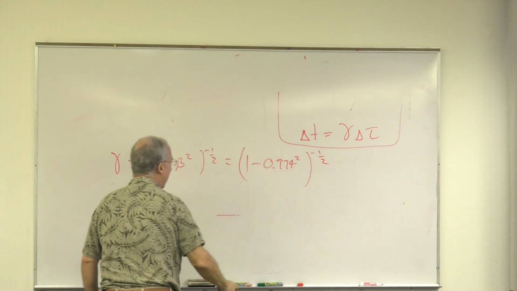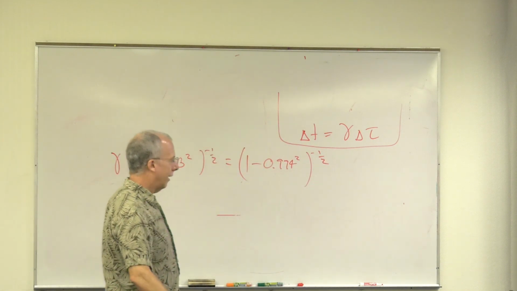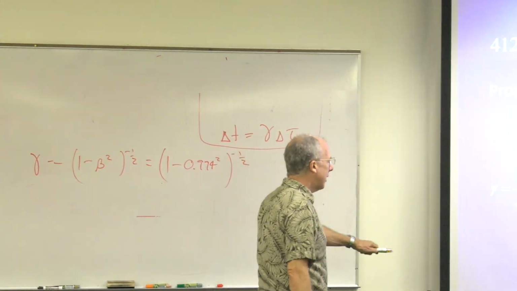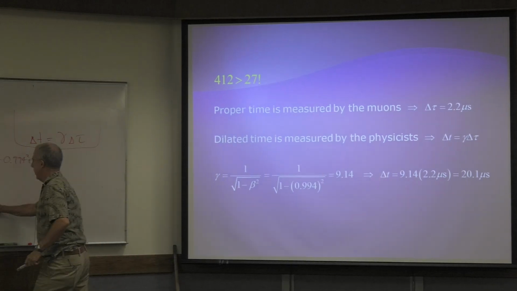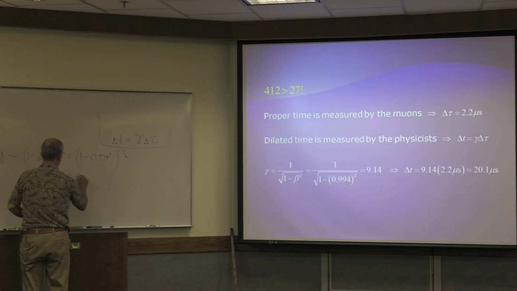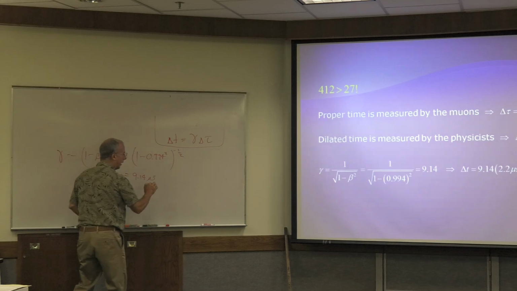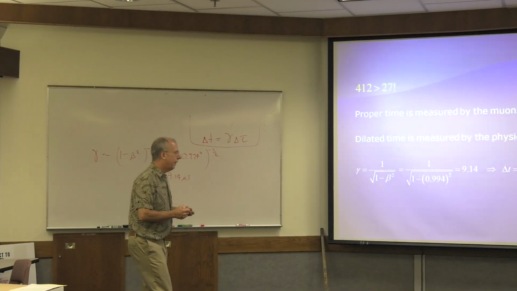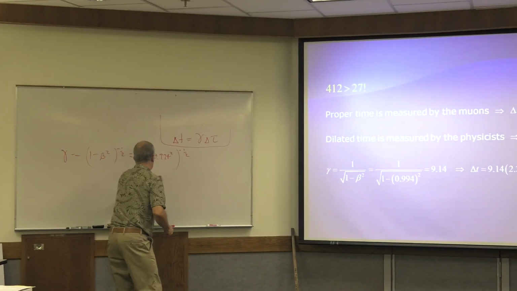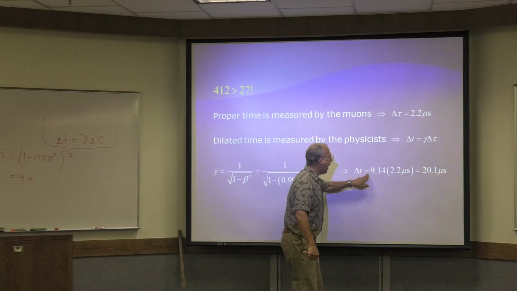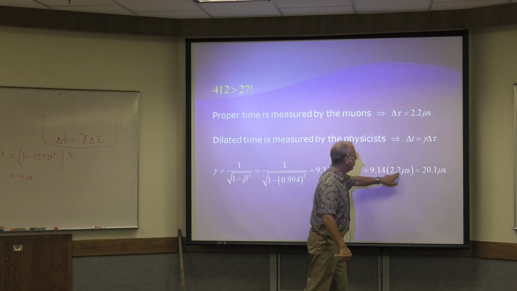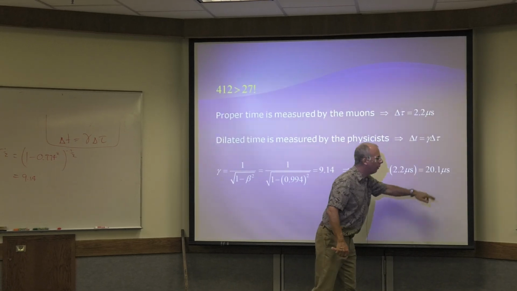Okay, I did it. Gamma is 9.14. It has no units, it's just 9.14. So delta T is 9.14 times 2.2 microseconds, which is 20.1 microseconds.